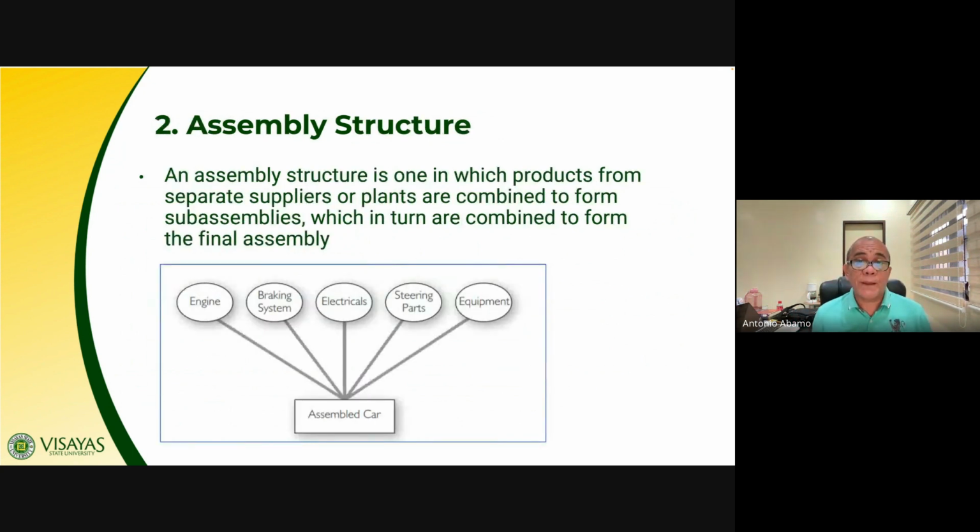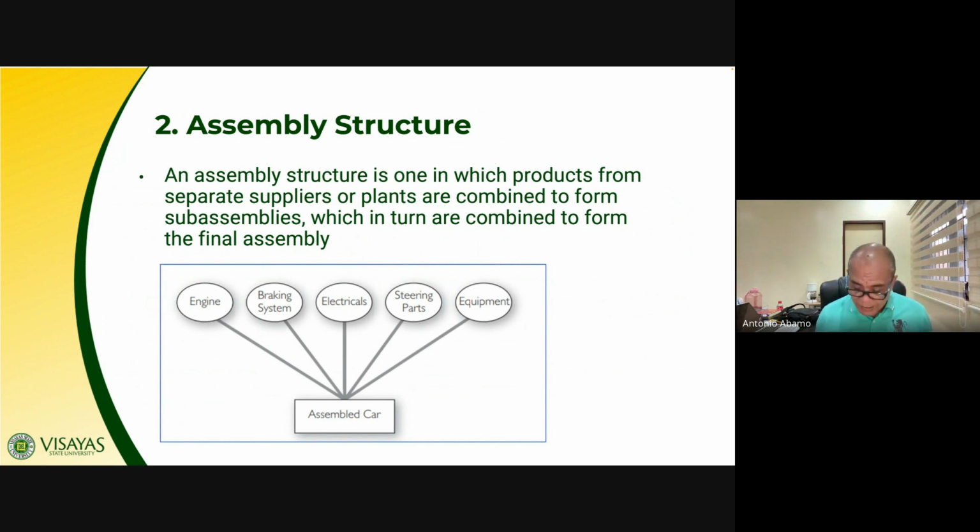Well, we have the assembly supply chain. You will notice that there are various locations of entities manufacturing or specializing in specific products, and down the line, this is a car manufacturing assembly. They deliver to one particular assembly line, and the assembly line produces the final product to its final destination.